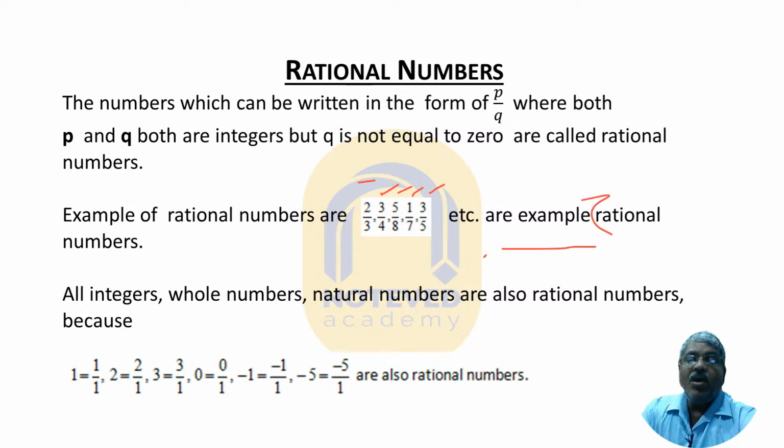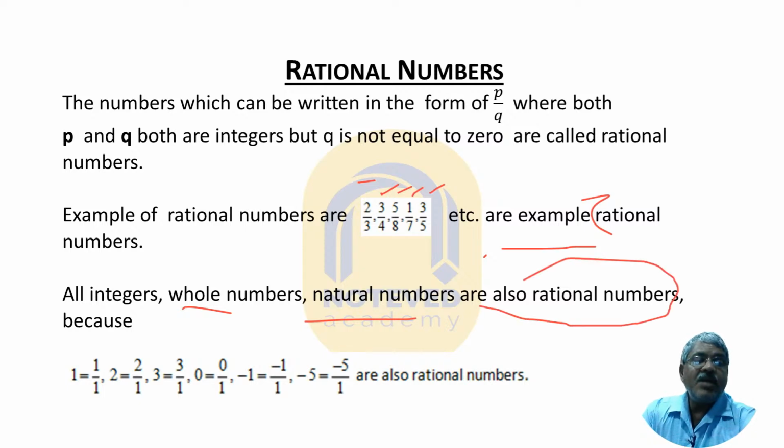All integers, whole numbers and natural numbers are also rational numbers, because 1 is equal to 1 by 1, 2 is equal to 2 by 1, 3 is equal to 3 by 1, 0 is equal to 0 by 1, minus 1 is equal to minus 1 by 1, minus 5 is equal to minus 5 by 1.